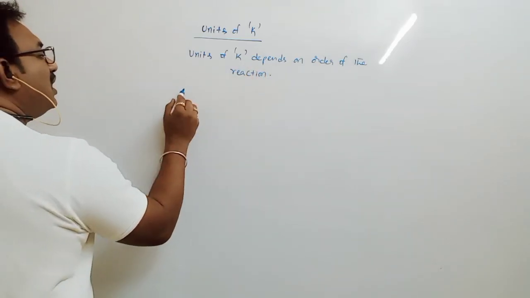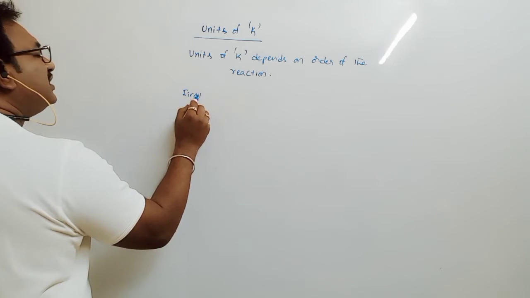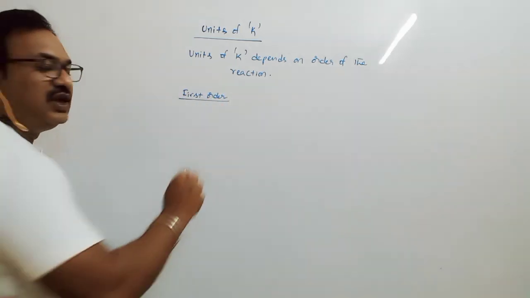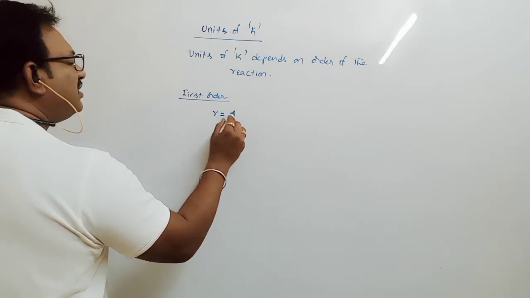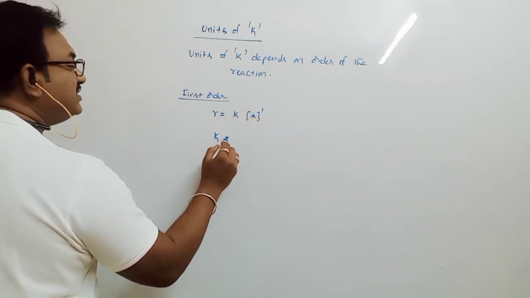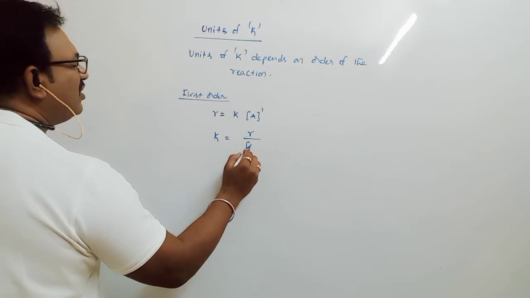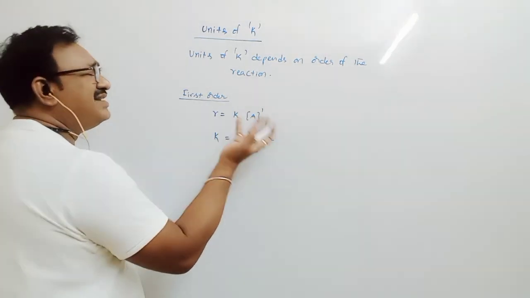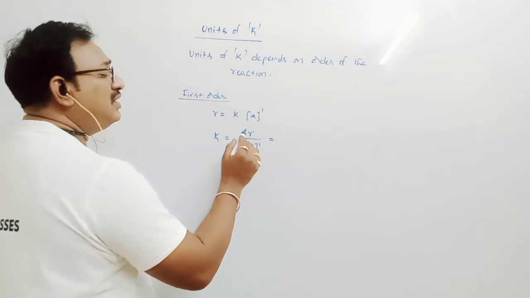Now, for a first order reaction, R is equal to K into concentration of A power 1. So K is equal to R by concentration of A power 1. Just assume A is the concentration term here.